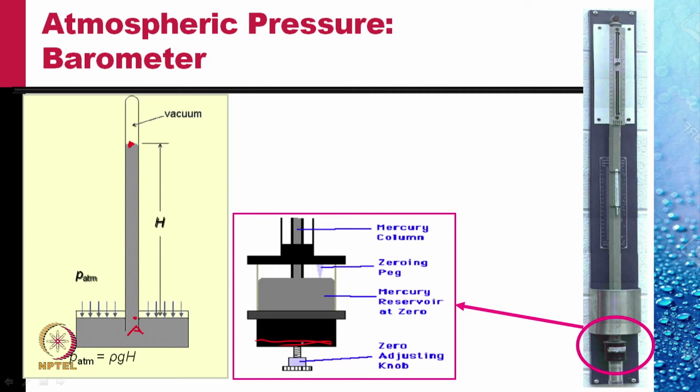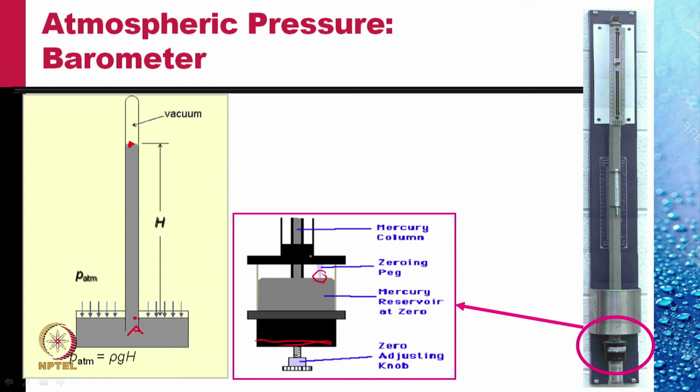There is a screw, a zero adjusting screw, which we turn to keep the level of mercury in the cup just touching the zeroing peg here. This establishes the zero of the scale, because this tube that goes up there carries a scale. The zero of the scale coincides with the tip of this peg.